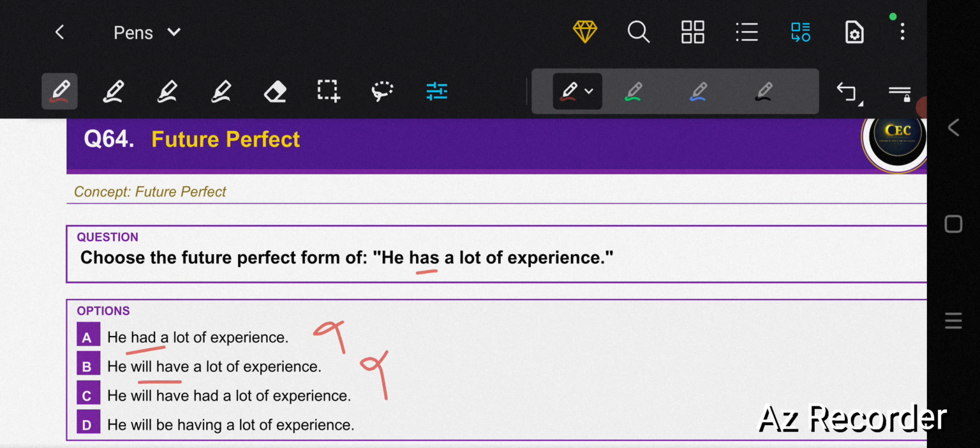"Will be having" is totally wrong, and "will have had": if "had" is the main verb, what would be the third form of this verb? That would be "had". So this one is the main verb over here, and both "will" and "have" are the helping verbs. So this one is the correct option for the question.